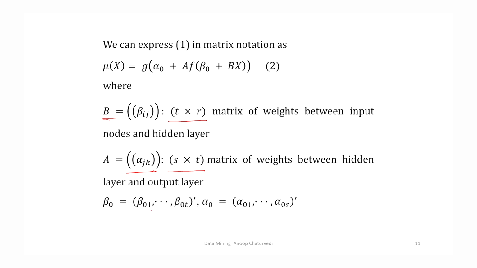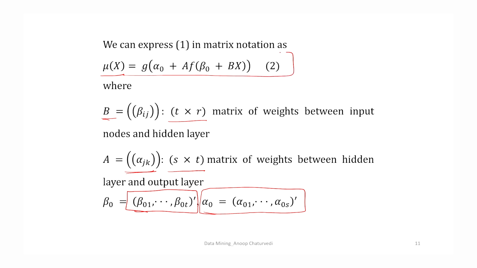And then beta naught is the vector of bias corresponding to the hidden layer, and alpha naught is the vector of bias corresponding to different nodes of the output layer. Then using these notations, we can write equation 1 as mu x equal to g of alpha naught plus A f of beta naught plus B x.